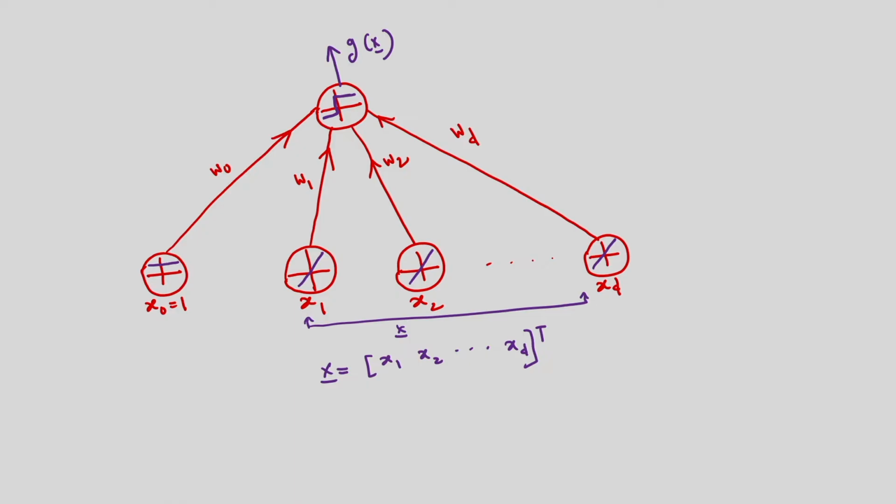So it is a simple linear classifier having d input units, corresponding to the values of the components of an input vector, and each input feature value xi is multiplied by its corresponding weight wi.